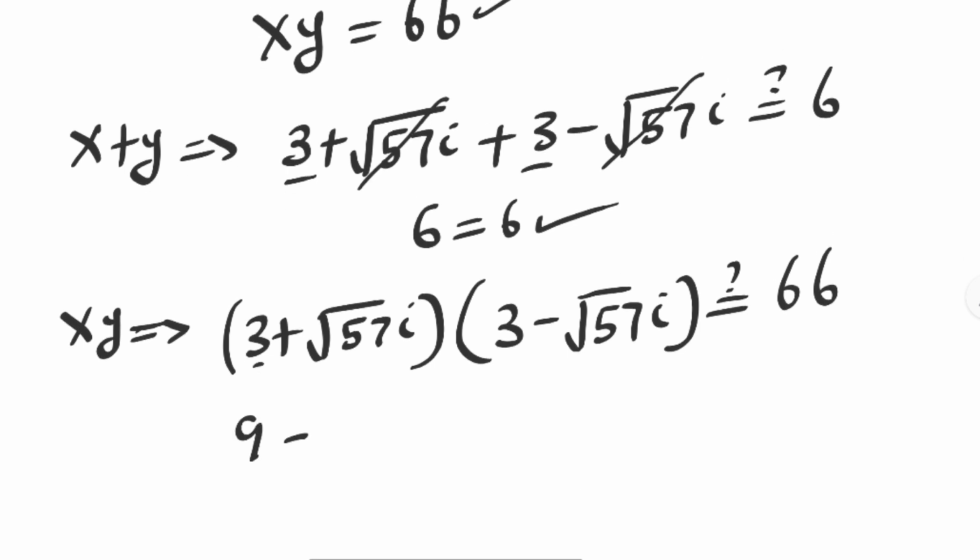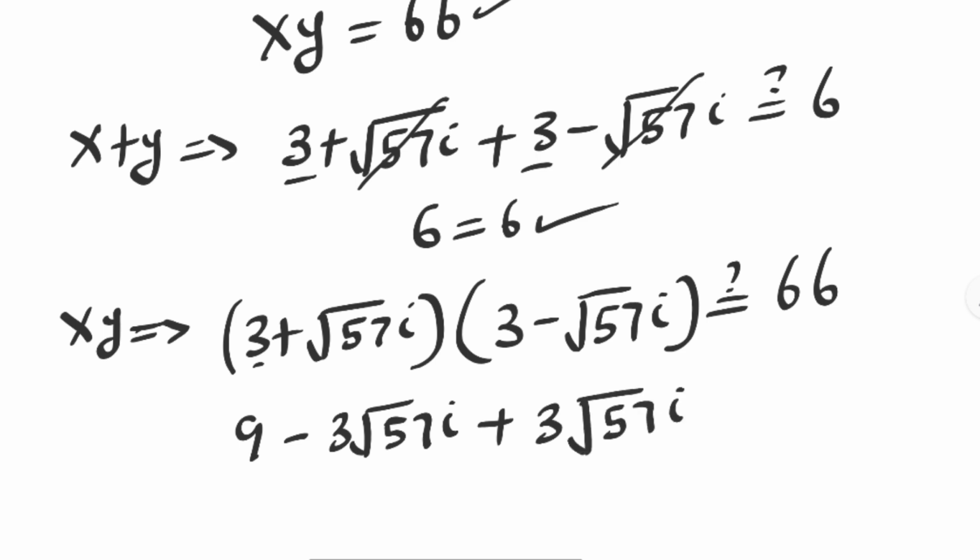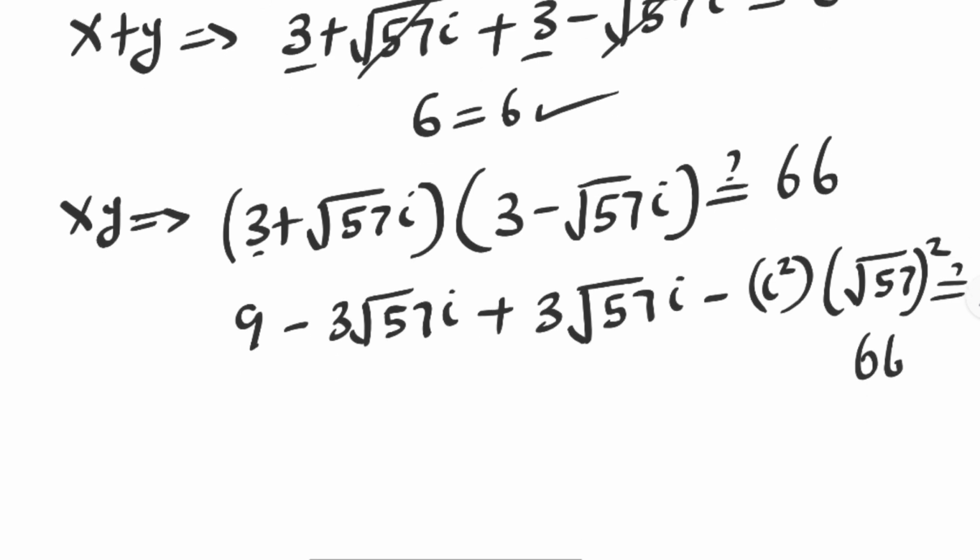Then minus 3 times root 57 i, this is 3 root 57 i, plus root 57 i multiplied by 3, this is 3 root 57 i. Then root 57 i multiplied by minus root 57 i will be minus i squared multiplied by square root of 57 all squared, must be equal to 66.